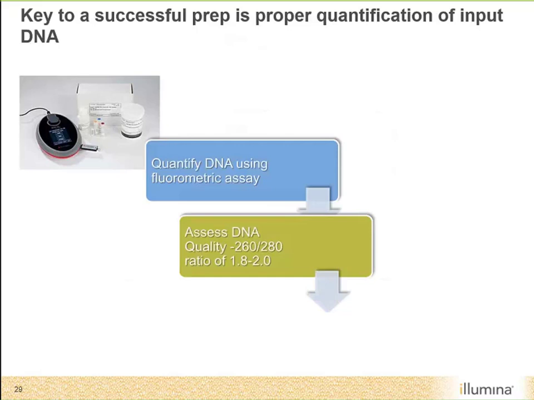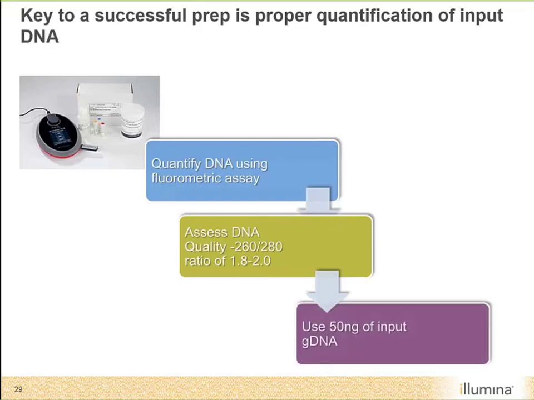If you would like, you can also run your DNA on a gel to see if it's smeary in any way. If you do any of these assessments and have any questions, please feel free to reach out to tech support. We're happy to review any gels or any DNA quality issues. We're here to help, so we want to make sure that you have successful starting material to go into the prep. And lastly, that we are using the recommended amount, which is 50 nanograms.